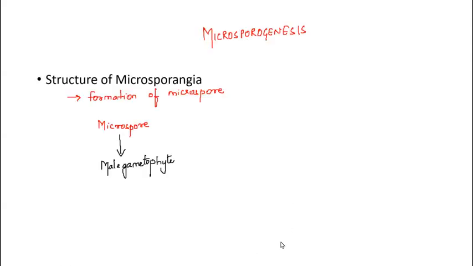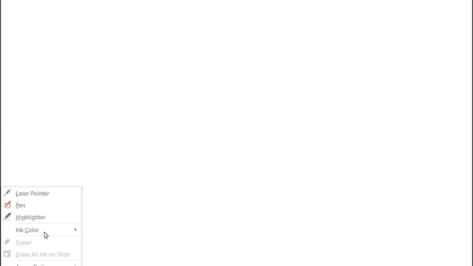Now we will begin our discussion with the sporophytic generation first. Here we see that the spore producing organs produce spores by the process known as sporogenesis.